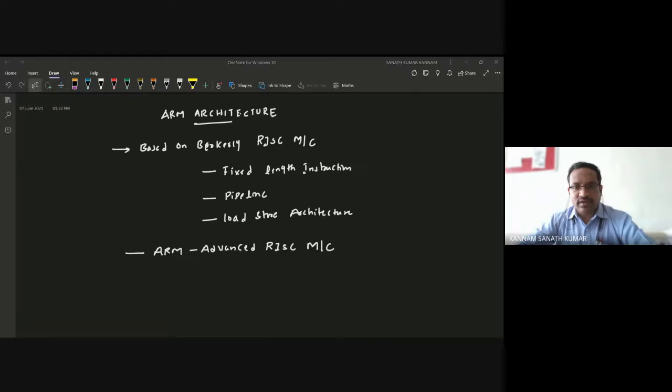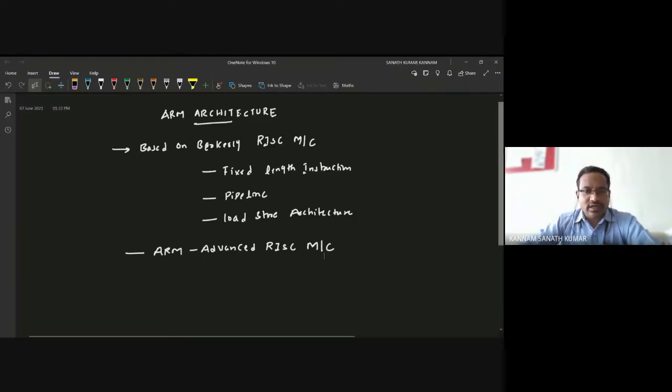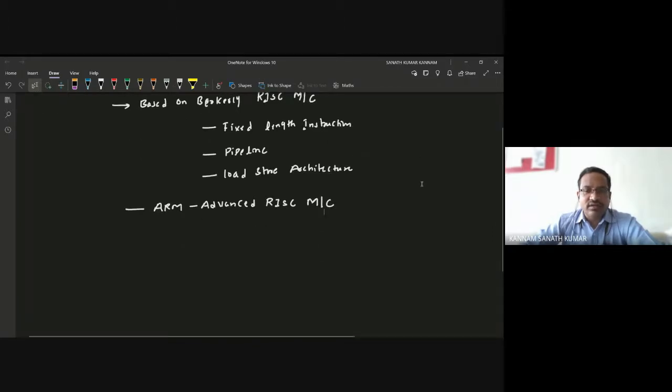That means whatever operations are performed in ARM, the data comes from the memory to the register and goes through the register. So the register plays a vital role during the processing of data. That's why we call it the load store architecture.